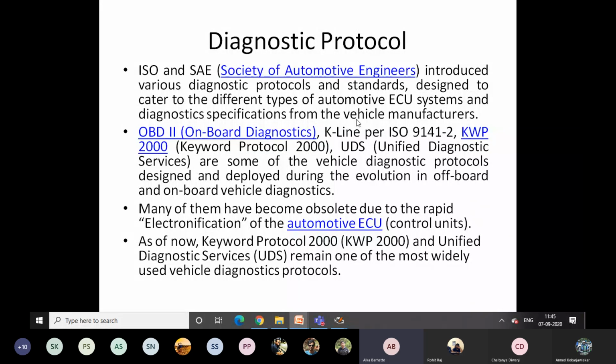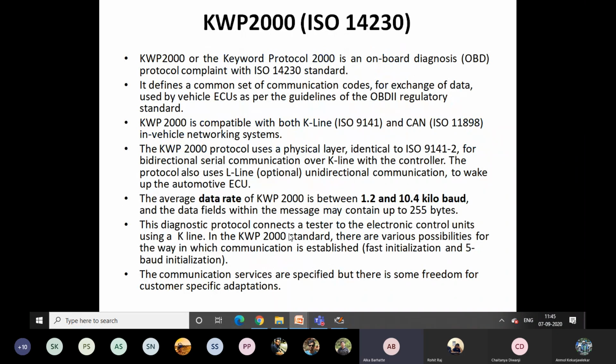There are many, like K-line, KWP, UDS, and out of these, the most commonly used protocols are KWP 2000, which is also called the Keyword Protocol, and the second one is UDS, that is, Unified Diagnostic Services protocol. What exactly these protocols are, and what the difference between these two is, we'll go through.